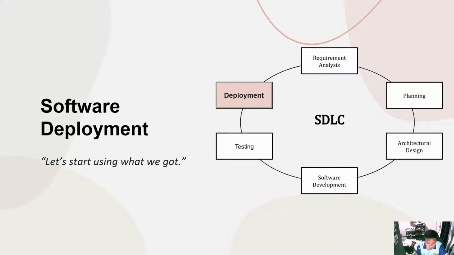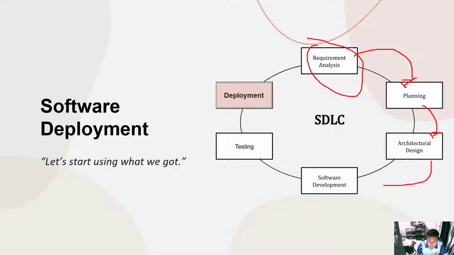Let's start using what we got. Okay, so first we do the requirements analysis, taking the idea of what the problem really is, then creating a plan for that problem, and then getting the design of what we're going to do for your application.